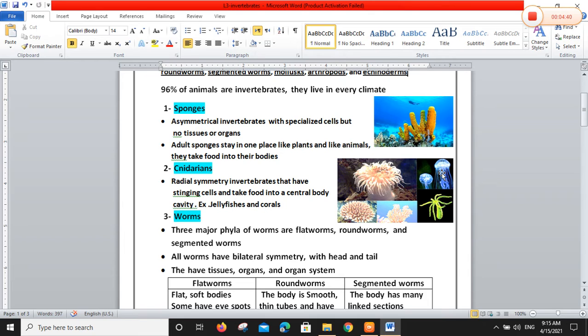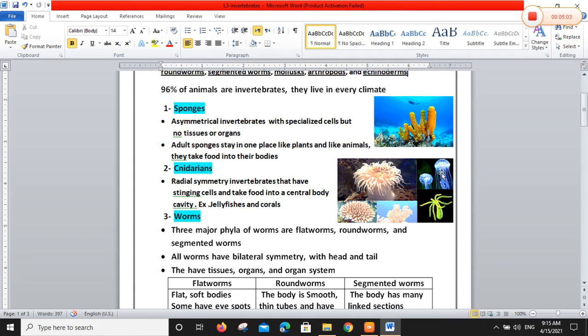All worms, whether round, flat or segmented, have bilateral symmetry. So I can divide the body into 2 identical halves, every part a mirror image of the other side.